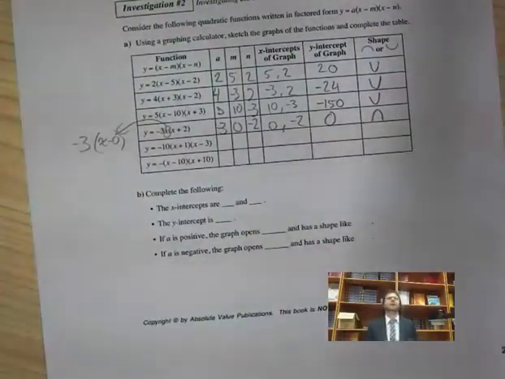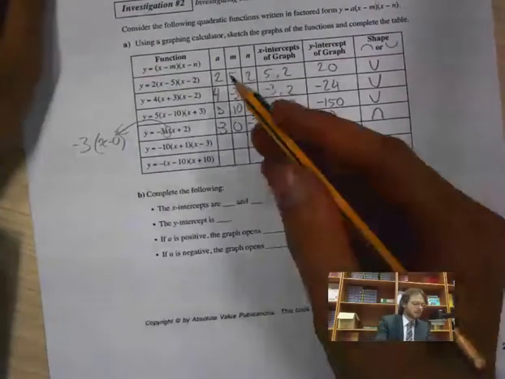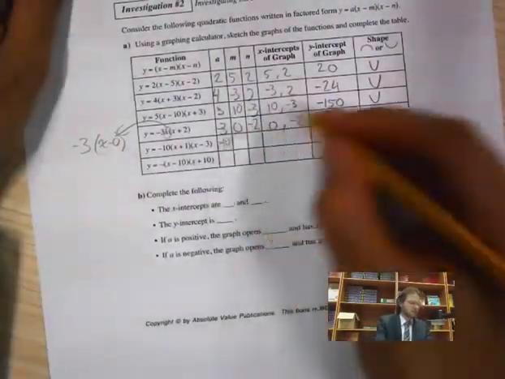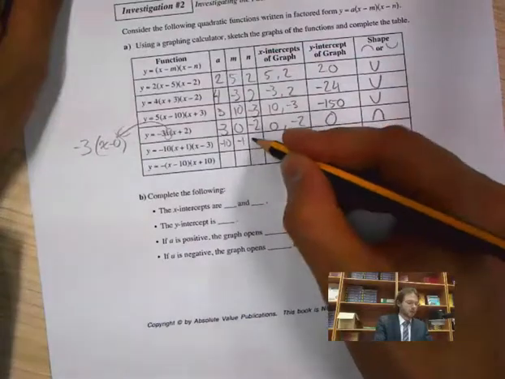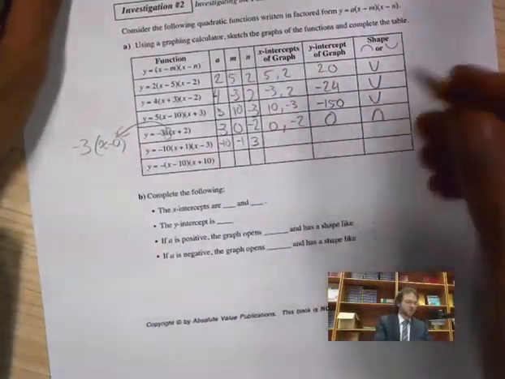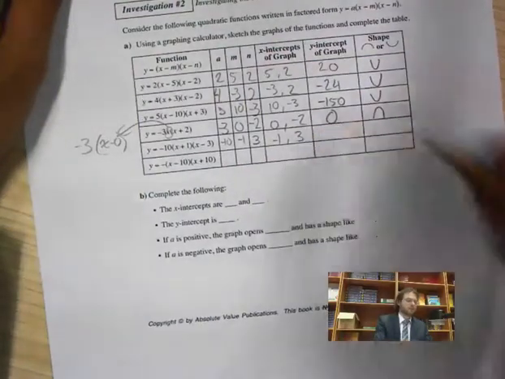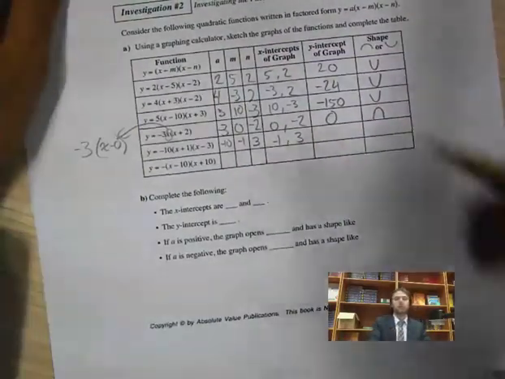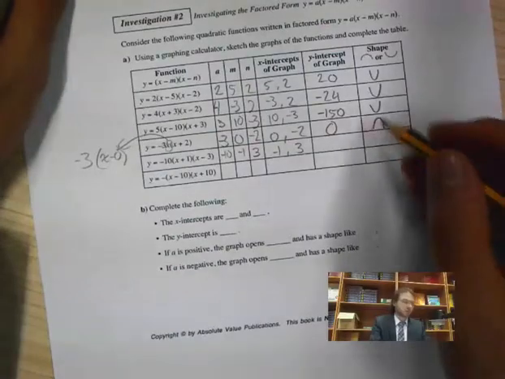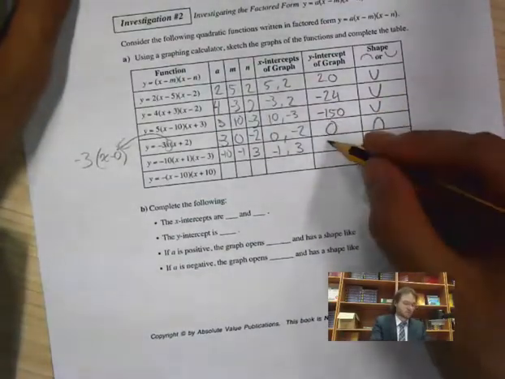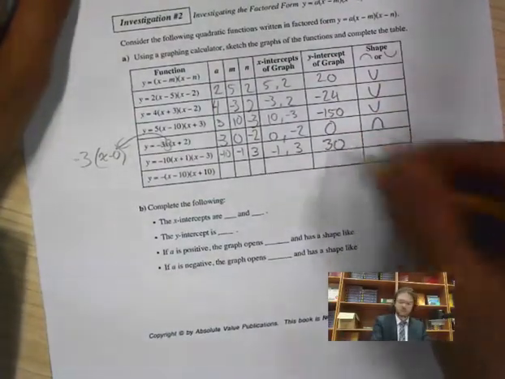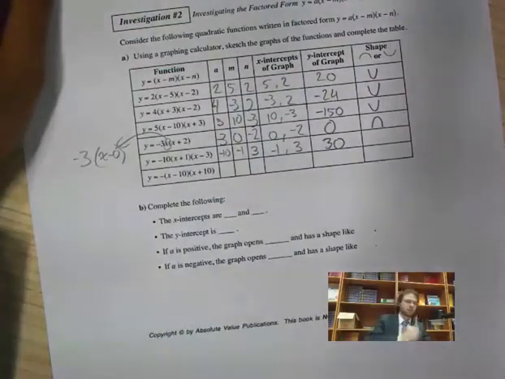What makes us frown? What kind of people frown? Think about that. Okay, next one. We have negative 10. Negative 1 and 3. So I'm at negative 1 and I'm at 3. Okay, those are my x-intercepts. My y-intercept is going to be, okay, and my last one.